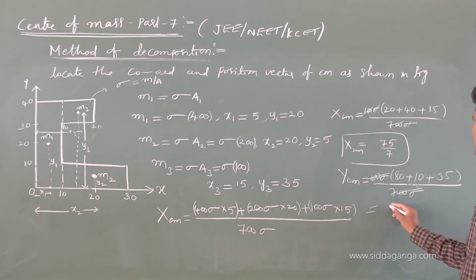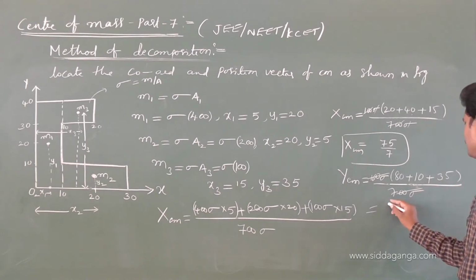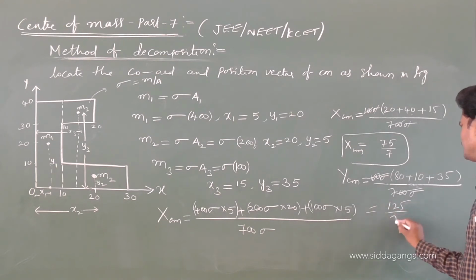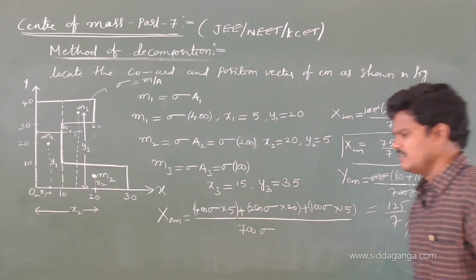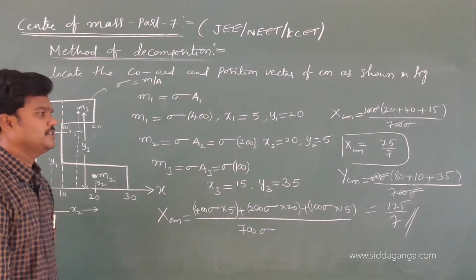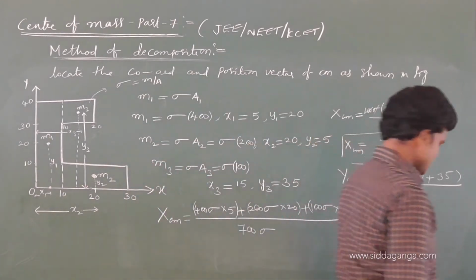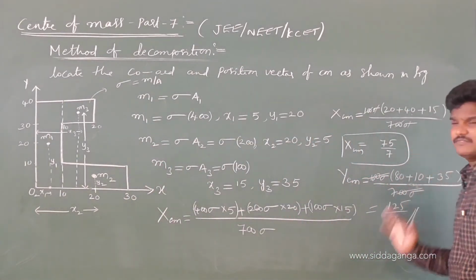So, 80, 90, 100, 110, so 125 by 7. Verify, I just did it roughly: 45, 80, 125. Just verify those numbers. If you want, you can strike off 7.